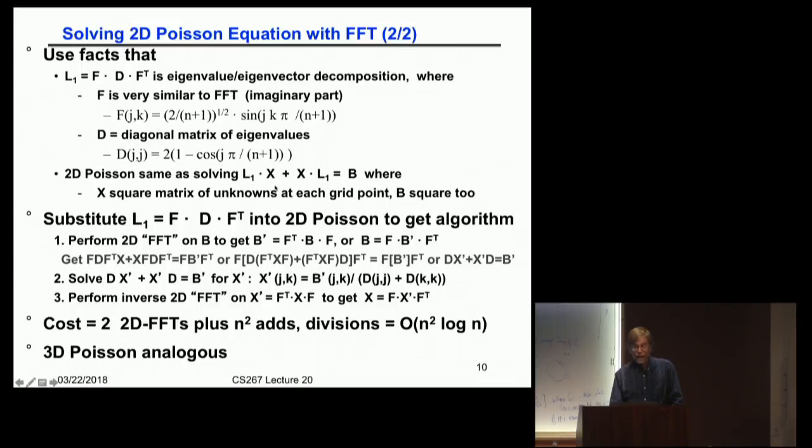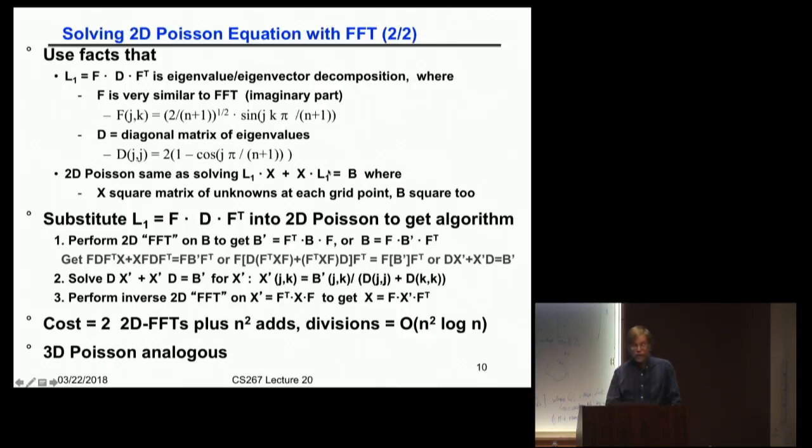I can write that down this way. When I pre-multiply x by the one-dimensional Poisson, that's doing the derivative of each column, take 2 times each entry, subtract the neighbors up and down, and this does it on the row, subtracts left and right. So this is how I represent the 2D Poisson equation.